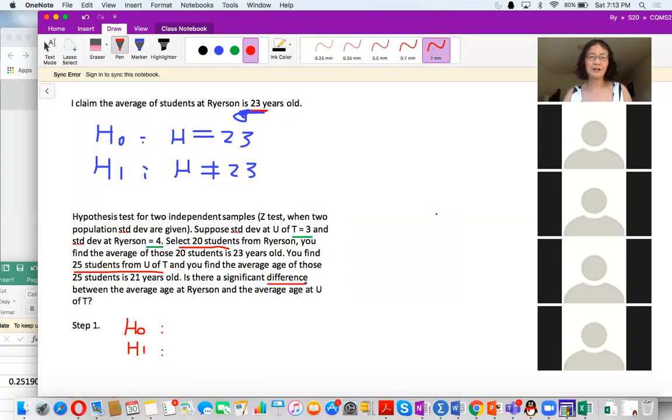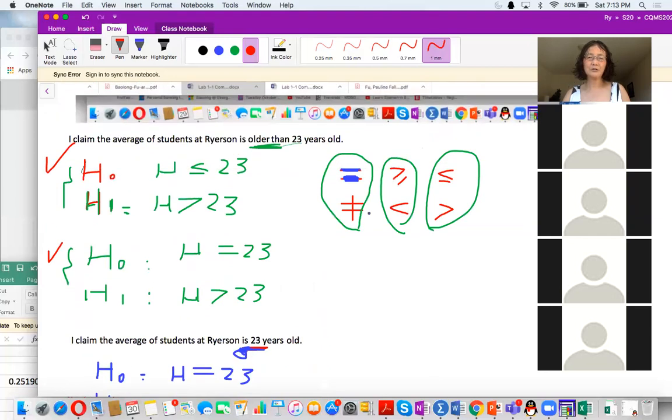See the keyword difference. The keyword difference, you go back, I told you, out of these symbols, where is the difference? Not equal is different. Is similar to different, okay?